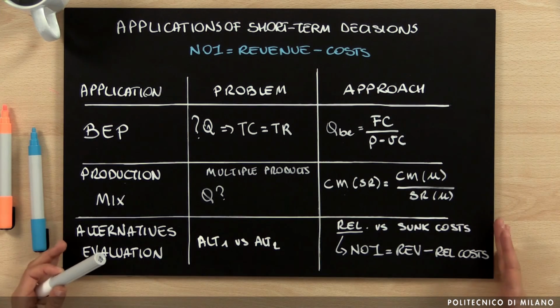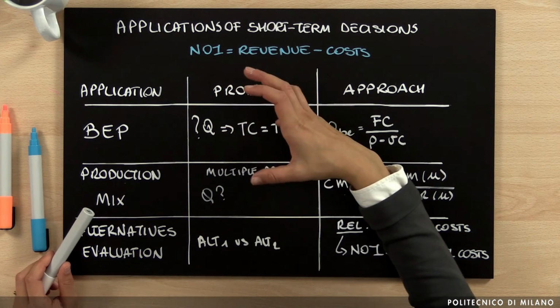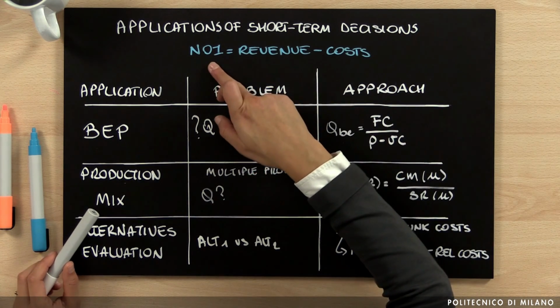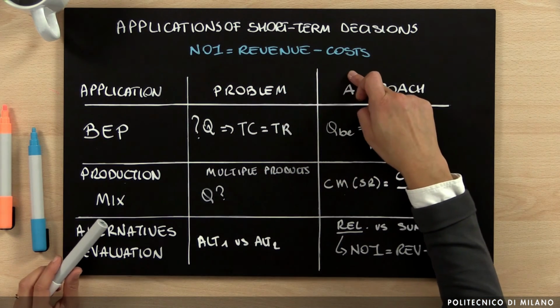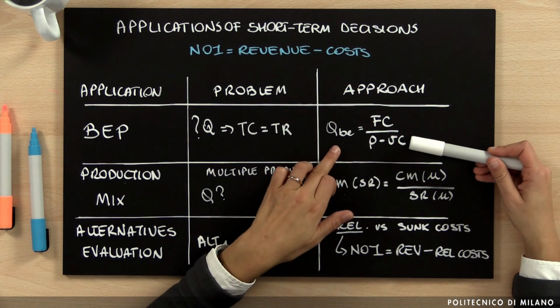If we look at the overall schema that we have, we can see that the formula that is used in order to approach the short-term decision is a net operating income formula that is calculated as the difference between revenue and costs. We can then look at this formula from a different perspective and then approach different types of problems. If we have the break-even point problem, we identify the quantity to break even.